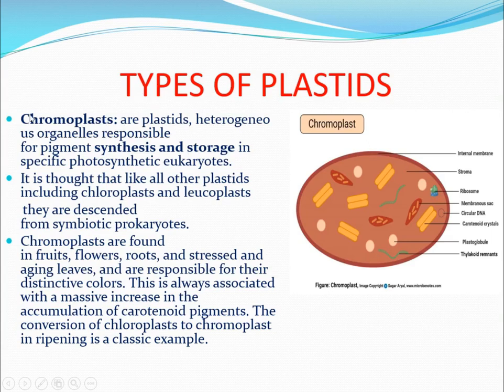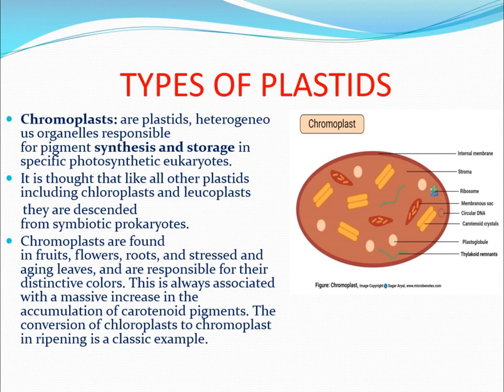Another type of plastid is the chromoplast. Chromoplasts are plastids, heterogeneous organelles responsible for pigment synthesis and storage in specific photosynthetic eukaryotes.